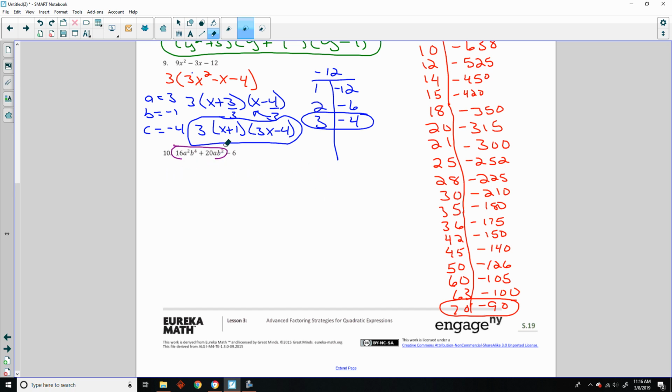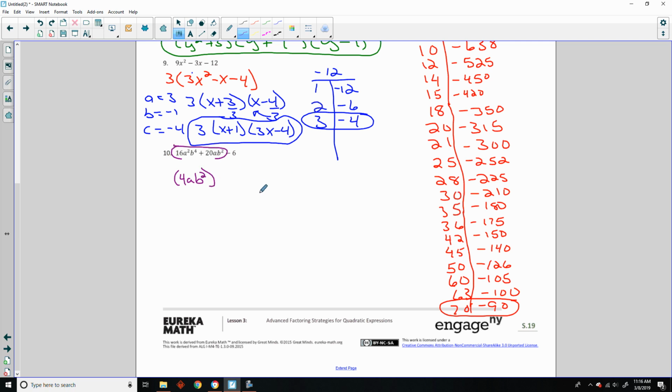And I see that there is a 4 in 20 and 16. So I'm going to factor out a 4. There's an a, and there's b squared in both terms. So I can factor those out.